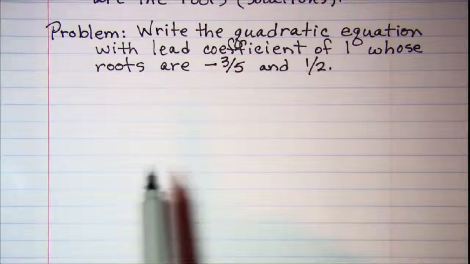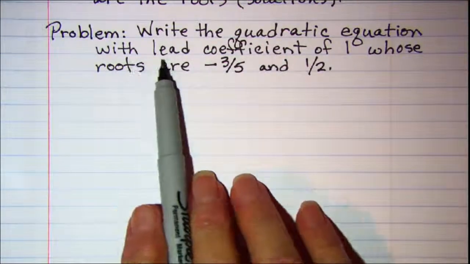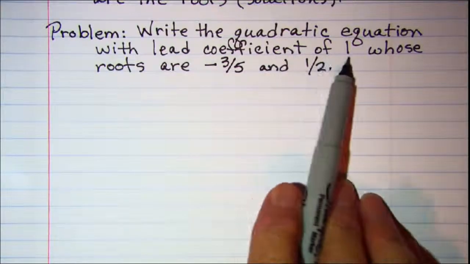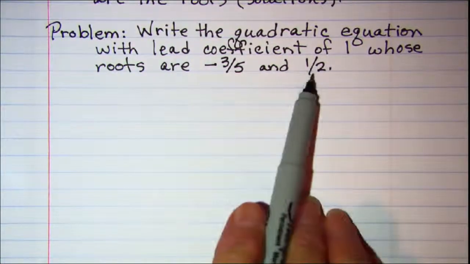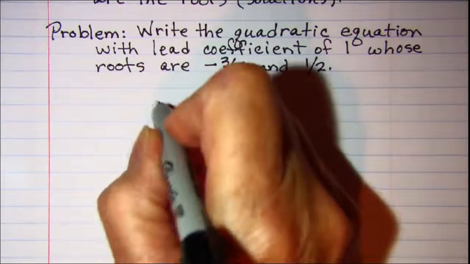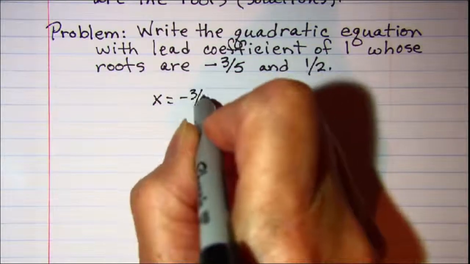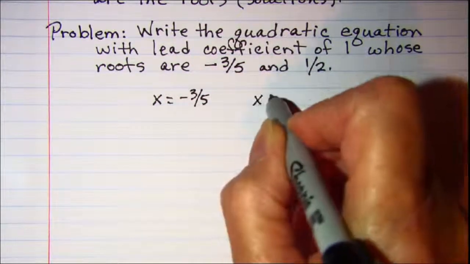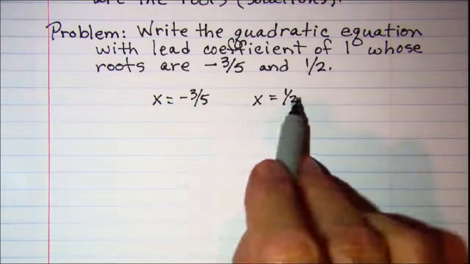And the first problem that we'll be working with is to write the quadratic equation with lead coefficient of 1, whose roots are -3/5 and 1/2. So we would start out by saying x = -3/5 and x = 1/2. These are our roots.